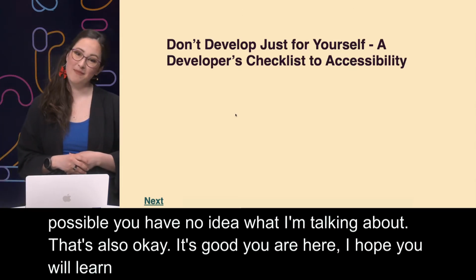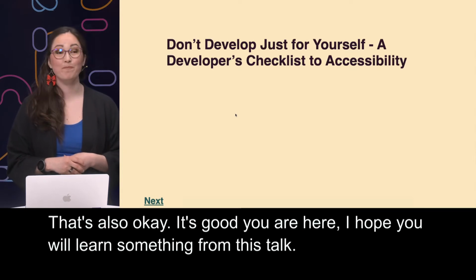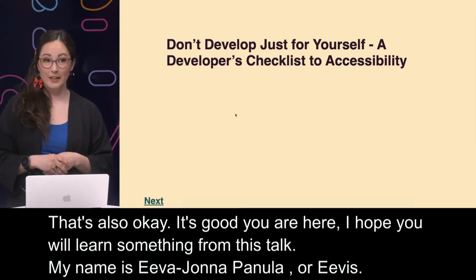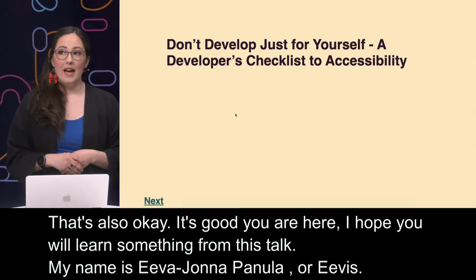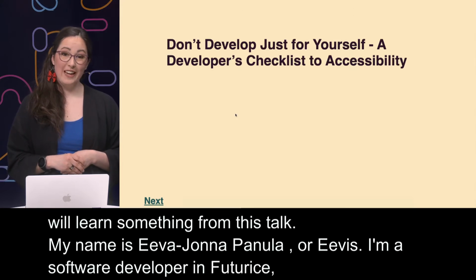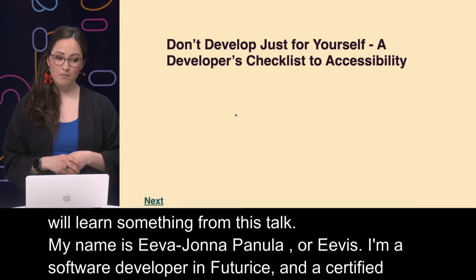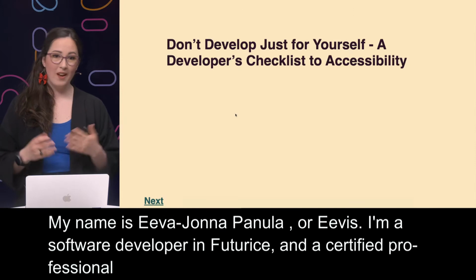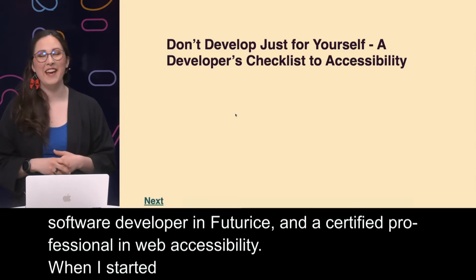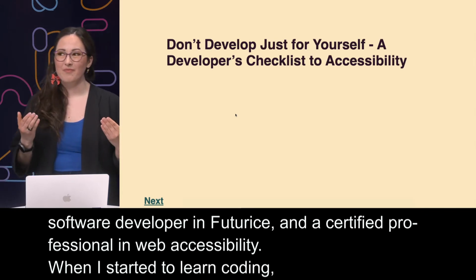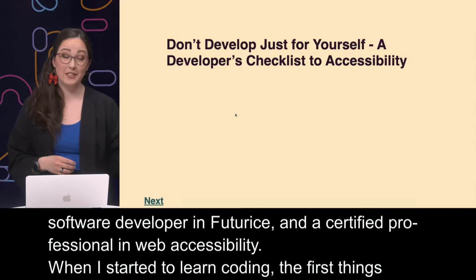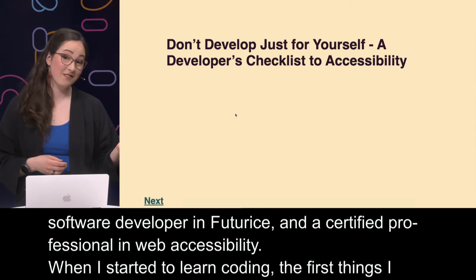So, my name is Eeva-Jonna Panula, or Eevis Panula, and I'm a software developer at Futurice in Finland. And I'm also a certified professional in web accessibility. When I started to learn to code, the first things I was learning were HTML, CSS, and a bit of basic JavaScript.